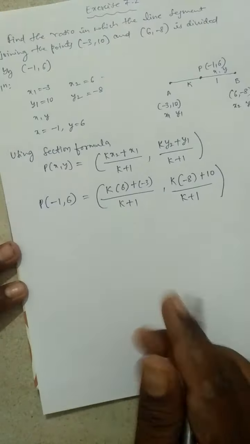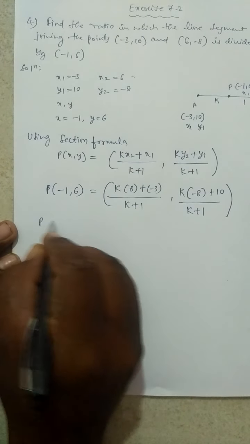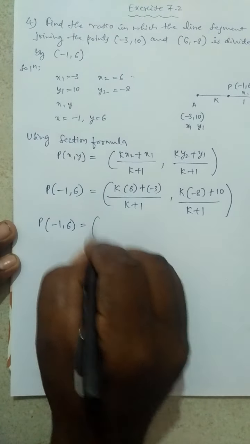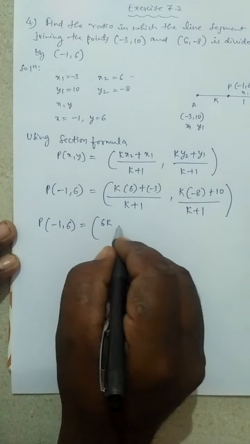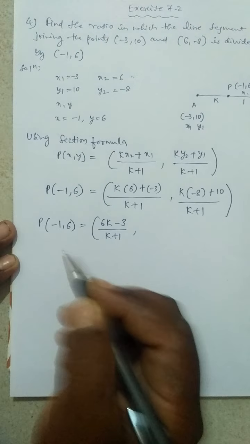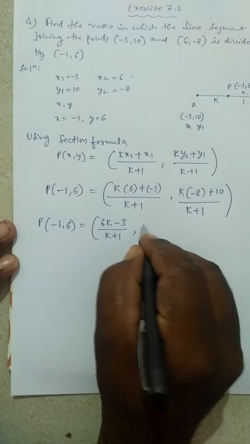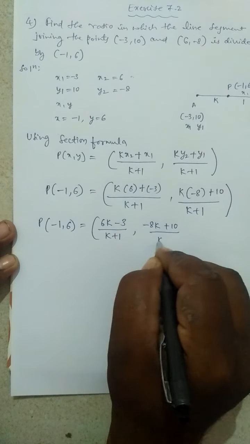Here you have to simplify. P(-1, 6) is equal to k into 6, 6k, plus into minus, minus 3 as it is, divided by k + 1. Here k into -8, that is -8k + 10 divided by k + 1.